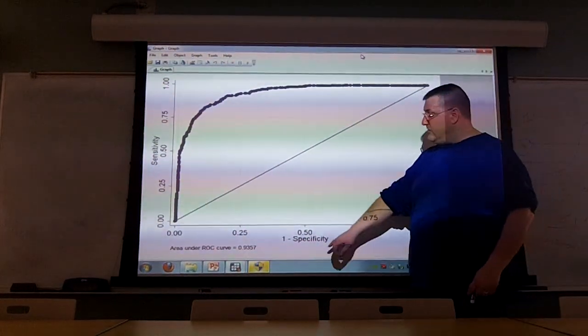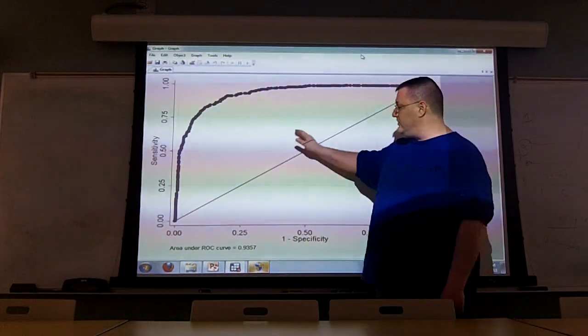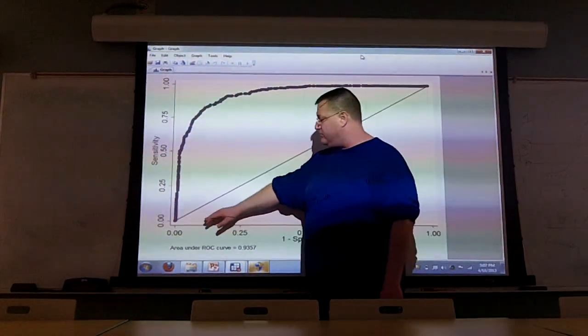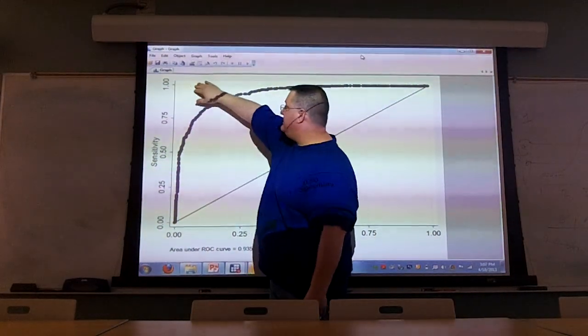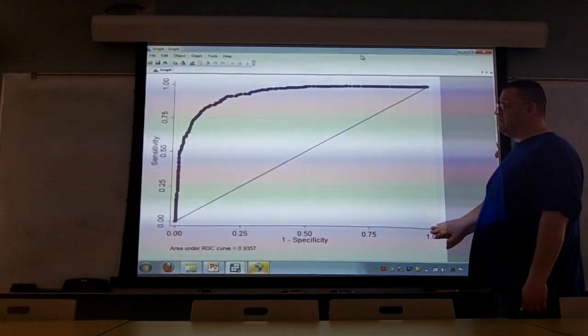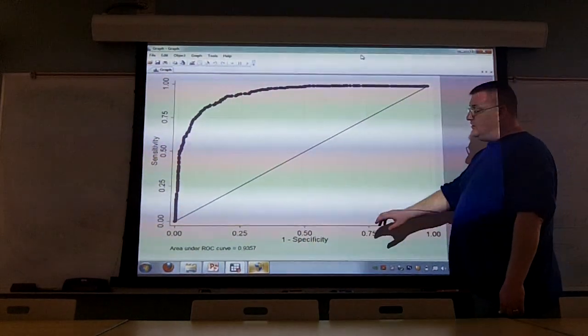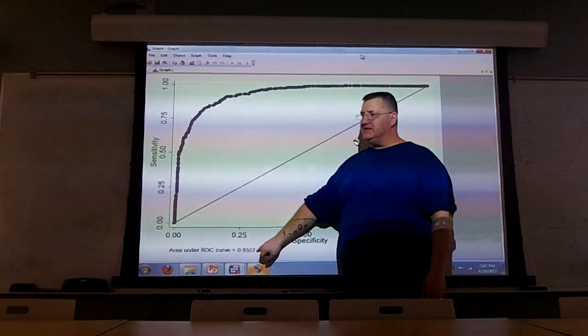Right? So the other thing that Stata does for you very nicely is it calculates the area under the curve here for you. The potential area is this rectangle here. Some authors report this area under the curve as a C statistic.